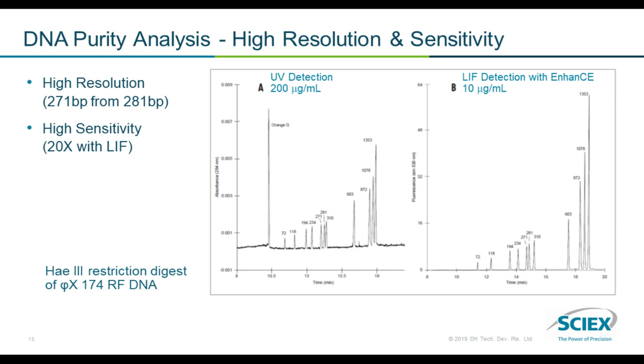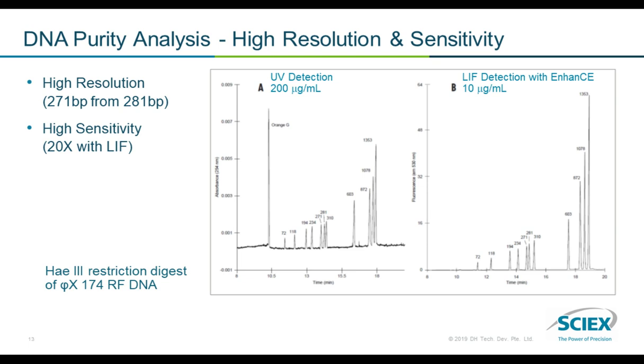You can use the same double-stranded DNA kit for restriction fragment analysis or other fragment analysis of your plasmid or other DNA. This cartoon shows that you can do separation from about 50 base pairs to more than 1,000 base pairs.